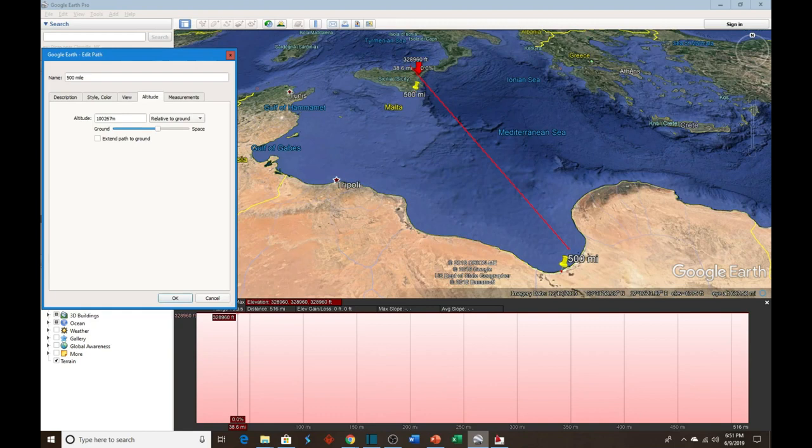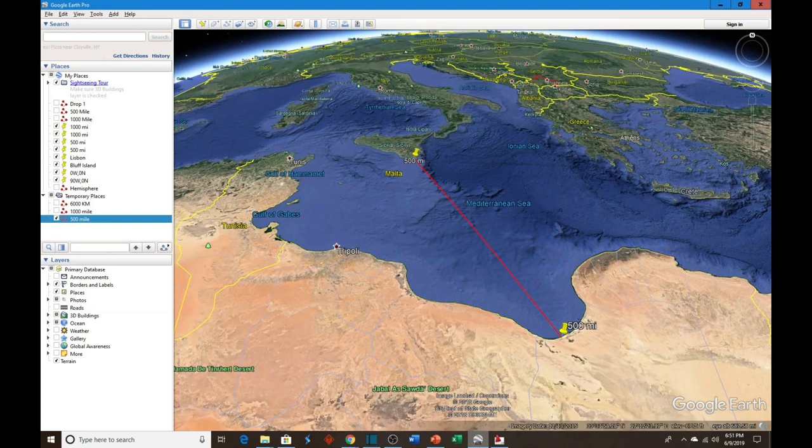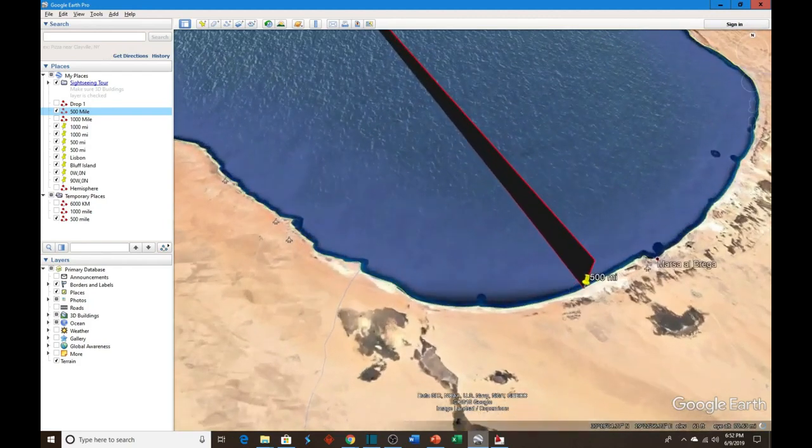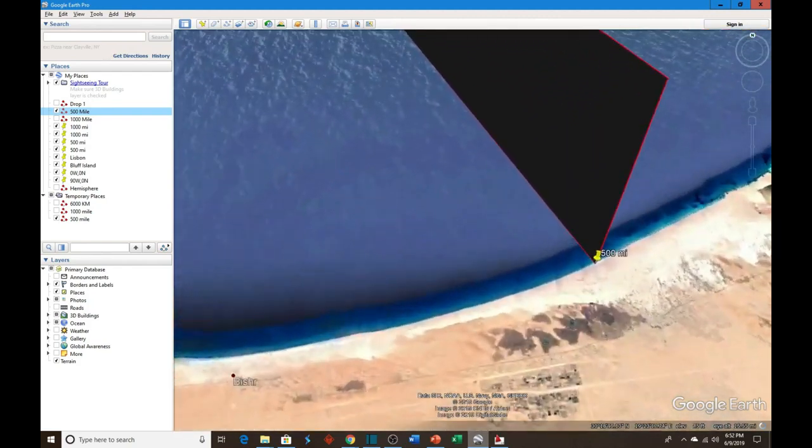All right. So let's put that thing back to clamped to the ground the way we had it to start with. And let's turn on something else. I did another 500-mile path here. This is actually a path. And now if we go in there and have a look, you want to know where the drop is?